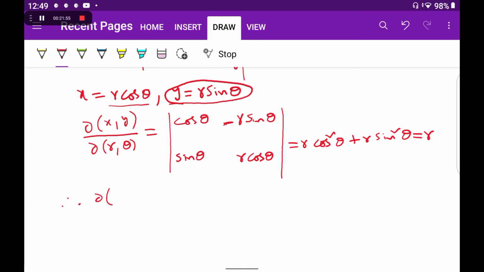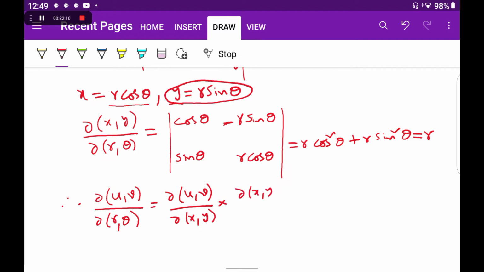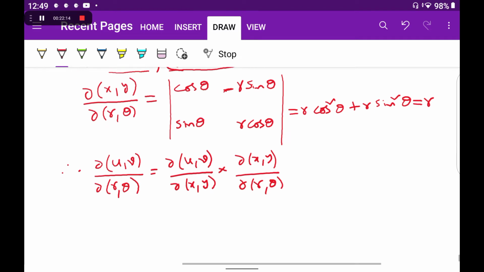Therefore, dou uv by dou r theta can be written as dou uv by dou xy multiplied by dou xy by dou r theta. How is it possible? Because of the chain rule. So this is 12xy into r.